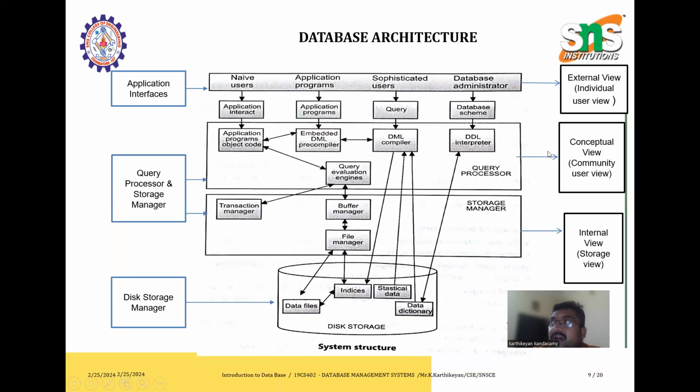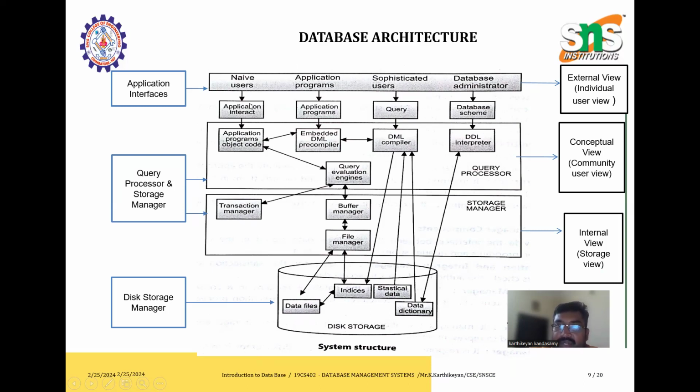So we go on to the next one, database architecture. This is the external view, conceptual view, and internal view. So application interface, query processor, storage manager, and disk storage. We have the category of 4 parts. For example, part one: naive user, application program, sophisticated user, data administrator.